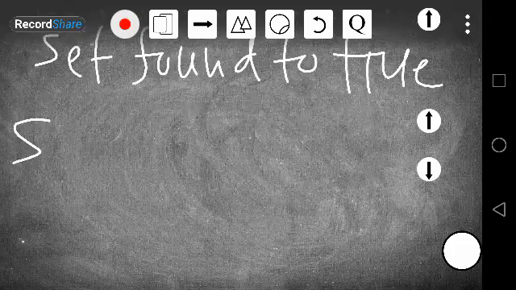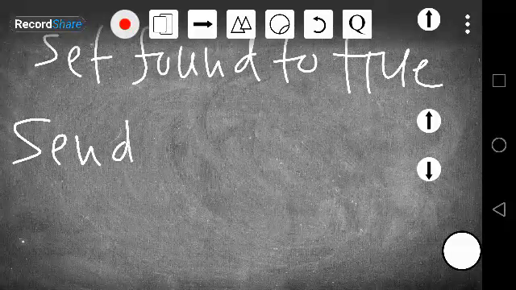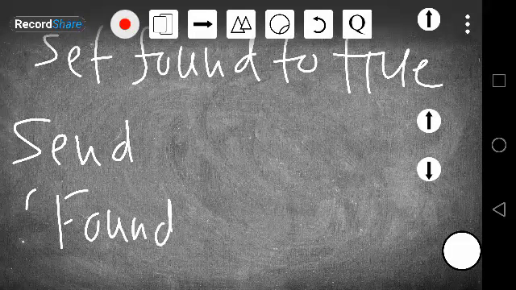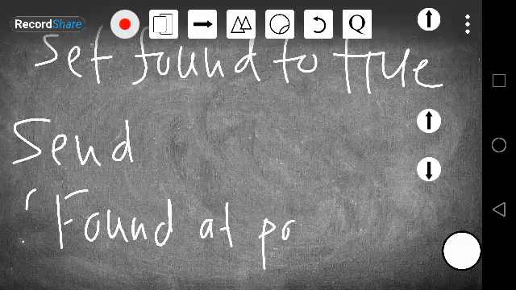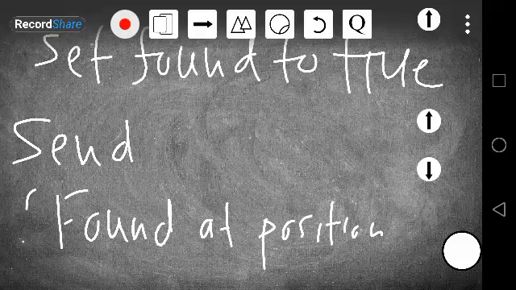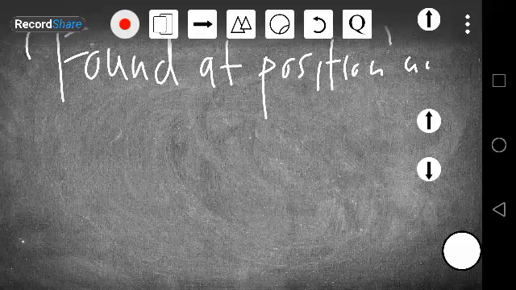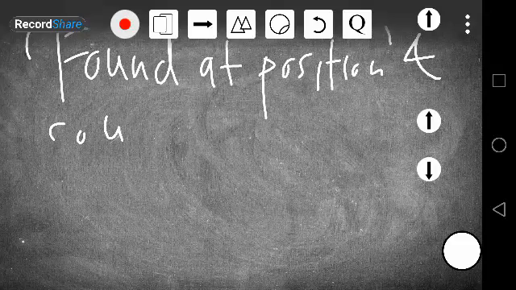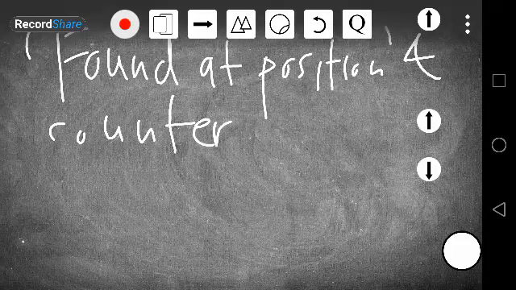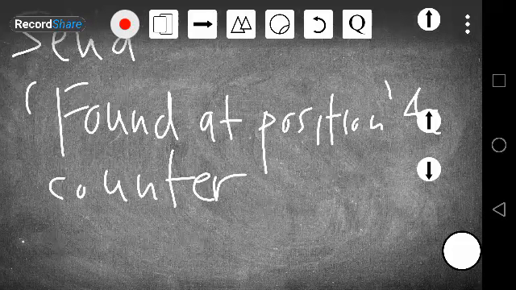So we send found at position, we put our bracket, and counter. Okay, so this is how you write your pseudocode.